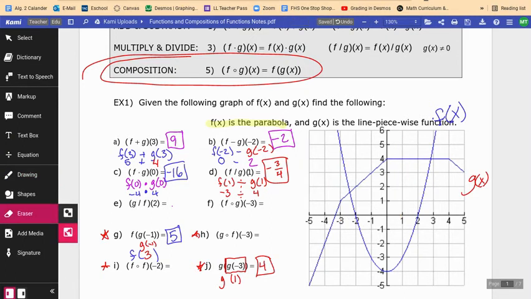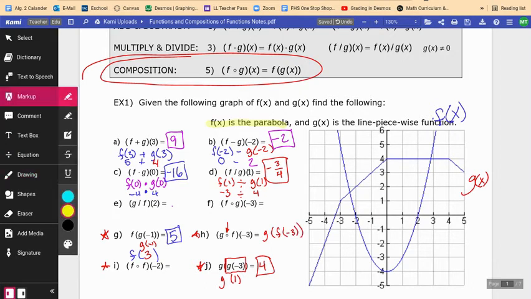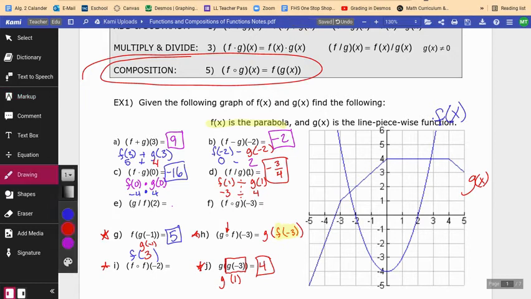Okay. And so h and i are basically the same thing. It's just written a little different with this kind of open composition dot. So we basically can say g of f of negative 3. And again, what am I doing first is this f of negative 3. So here's negative 3.